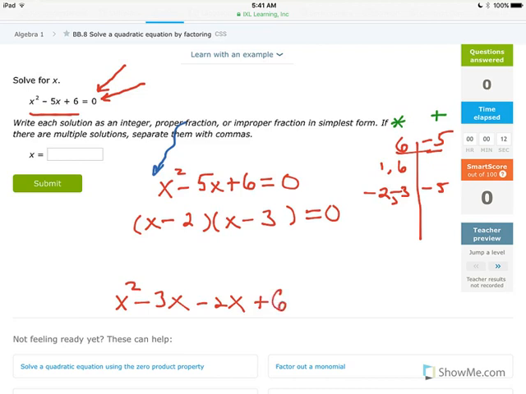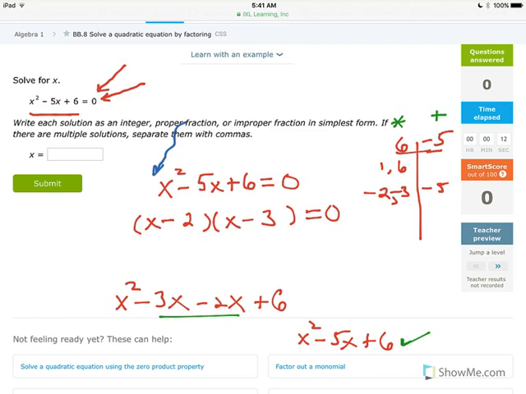If you combine your like terms in the middle, you should get x squared minus 5x plus 6. So our factors check out. You always want to double check, even if you just do a mental check, to make sure those factors make sense. These look like good factors.